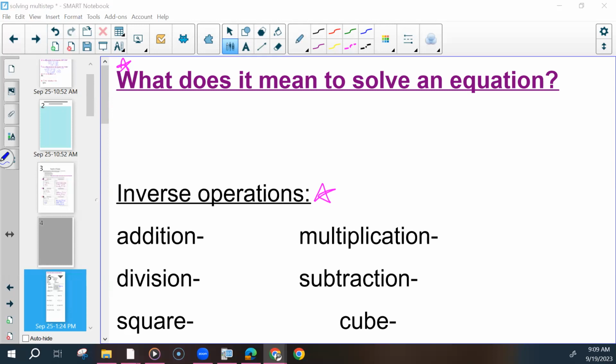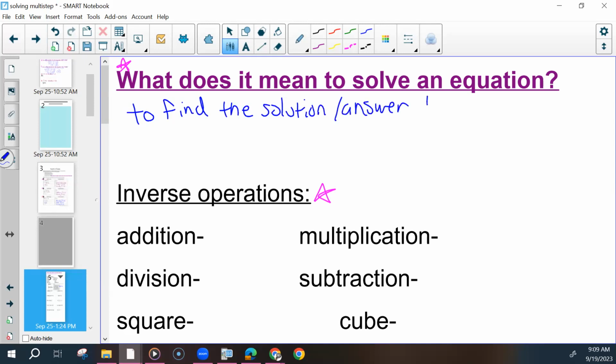We are finding the solution by using our properties of equality or our inverse operation. So I'm gonna try it again. To find the solution for the answer by using inverse operations.